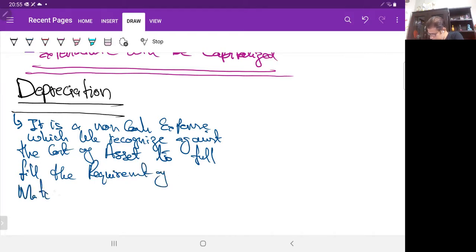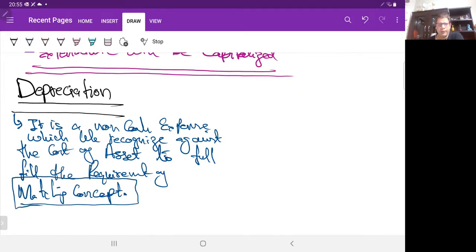Now, what is the matching concept? I hope you guys remember, the matching concept says that everything which is generating the revenue, which is giving us the economic benefits, has a cost, right? So this is a cost which we recognize against the asset because we believe that it gives us economic benefits. We have two models of depreciation. One is straight line.